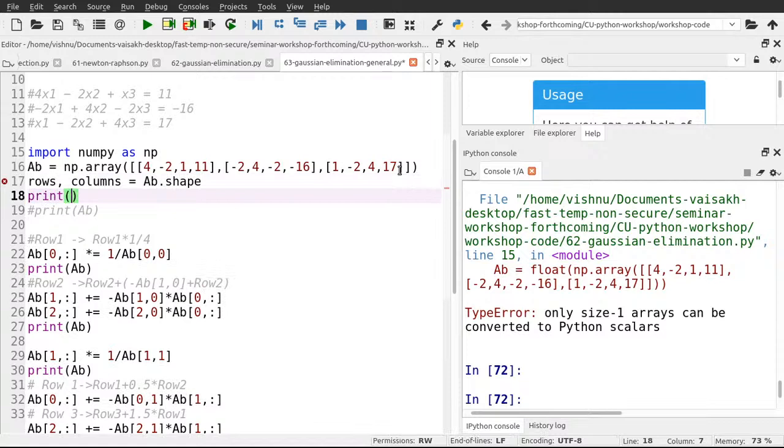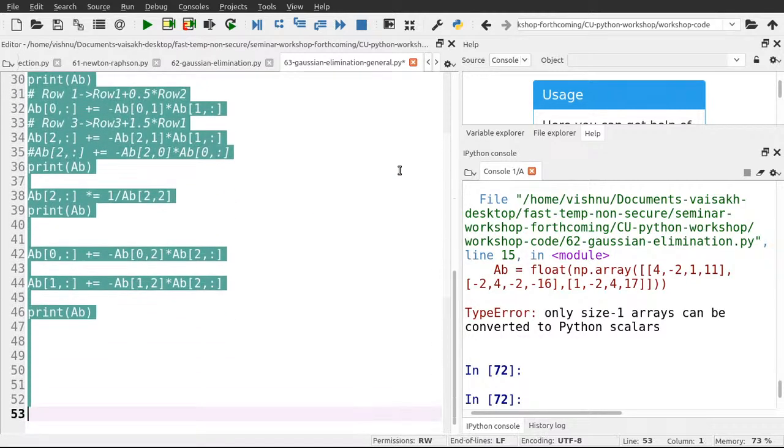On printing, format rows, columns. Okay, let me just remove this for the time being.